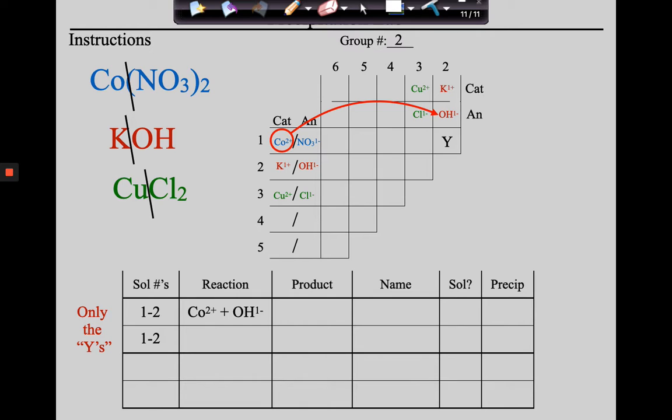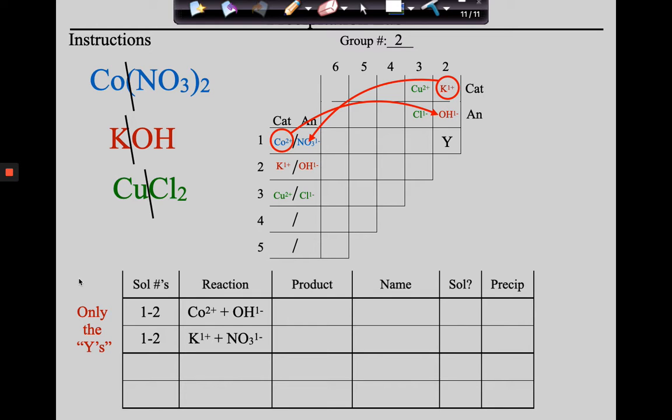So the positive cobalt hooked up with the negative hydroxide. But guys, what's the other reaction that took place? Well, the opposite. Here, the positive potassium hooked up with the negative nitrate. So guys, the other reaction that took place was the positive potassium hooked up with the negative nitrate. So we're going to write that down as well.